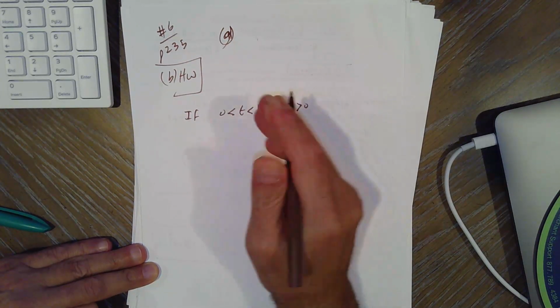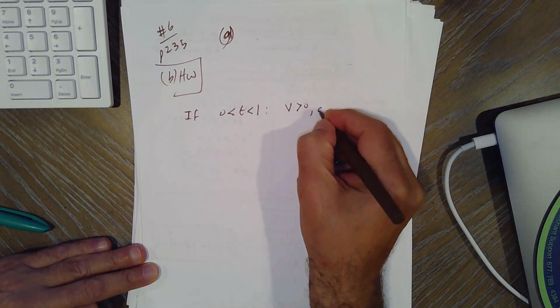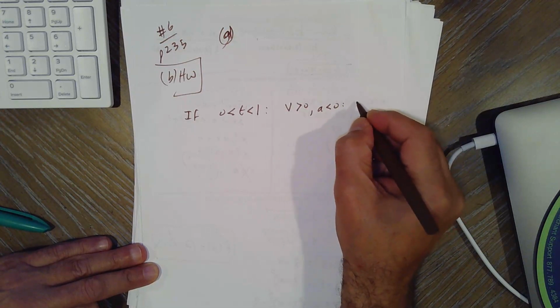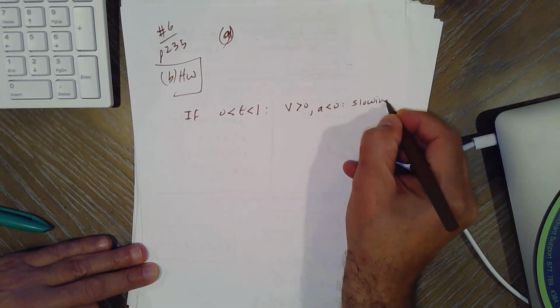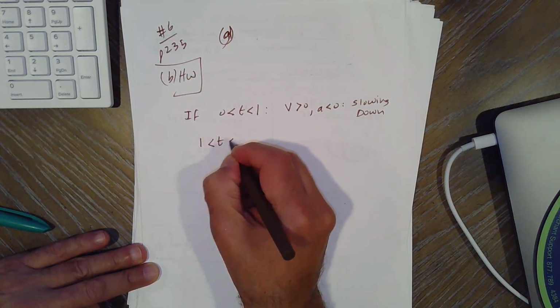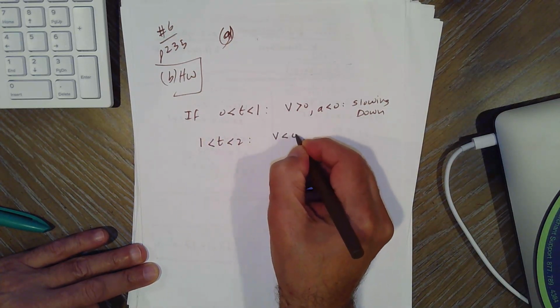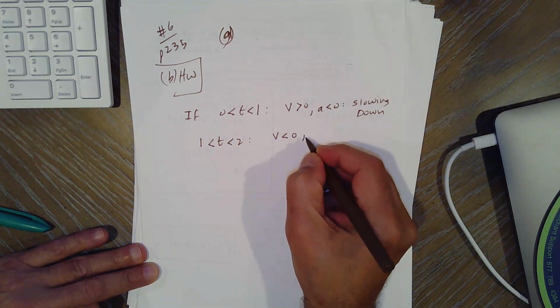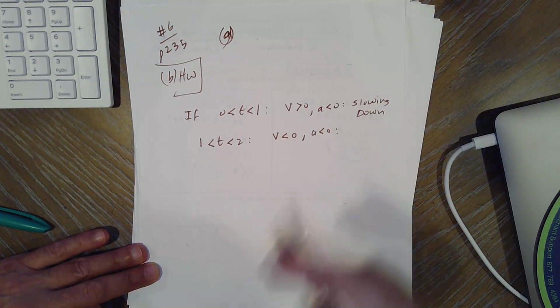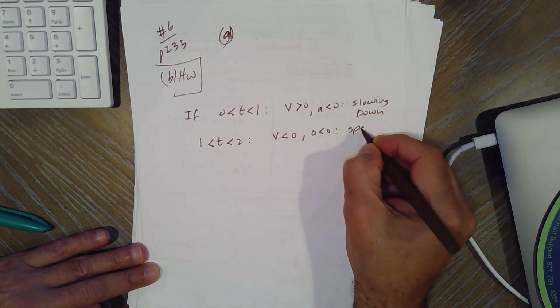Velocity is positive because the tangent line has positive slope, and acceleration is negative because it's concave down, so it's slowing down. Now between 1 and 2, velocity is negative because the tangent line has negative slope, and acceleration is negative because the graph is concave down, so it's speeding up.